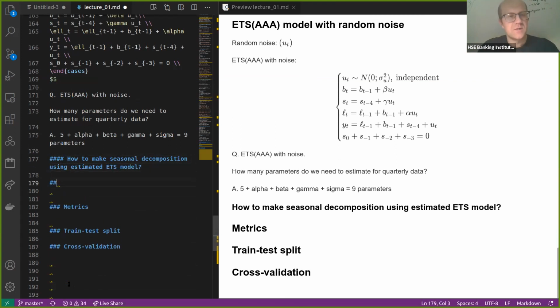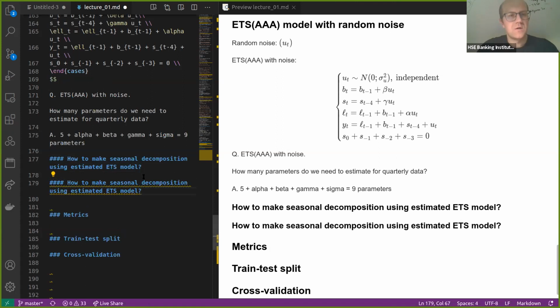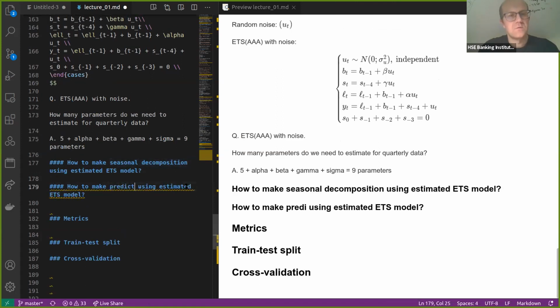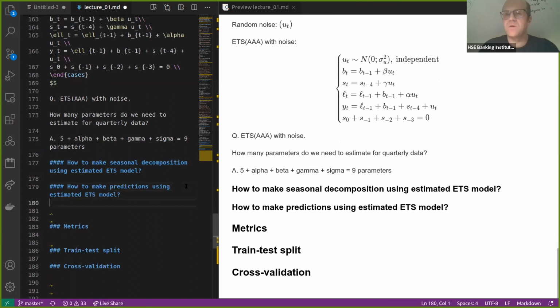We will answer the question of how to make predictions. I speak about both types of predictions, interval and point predictions.